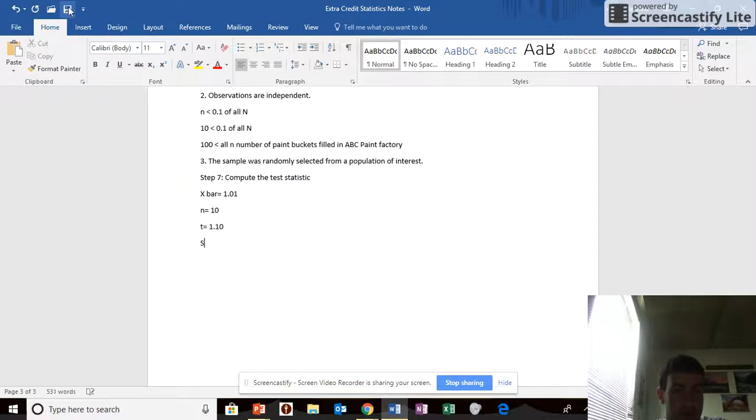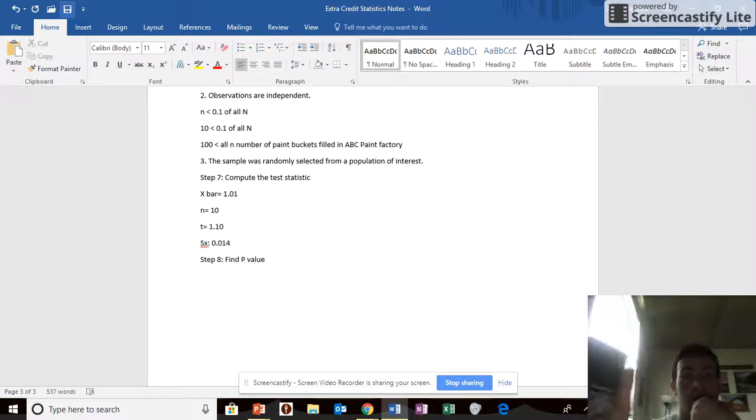Same with the standard deviation, which in this case is 0.014.